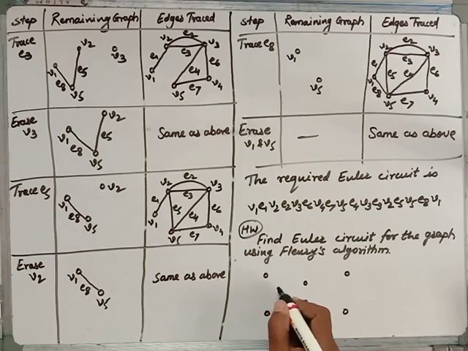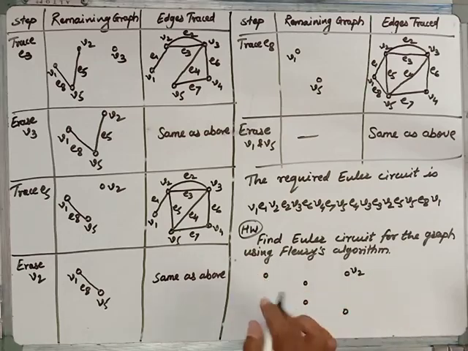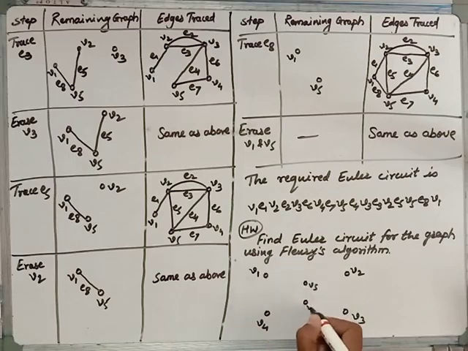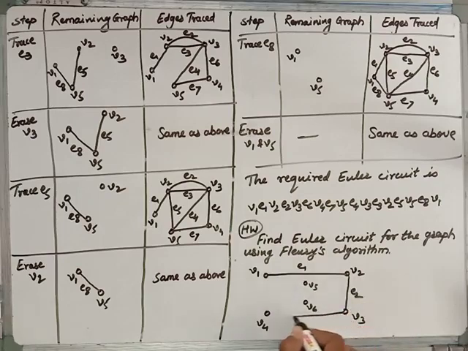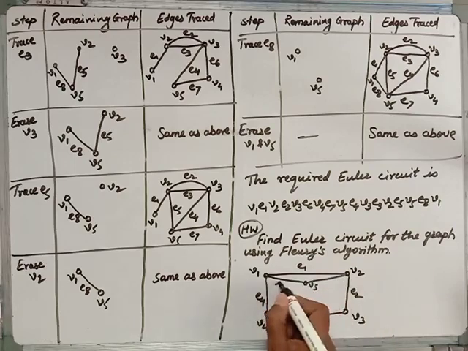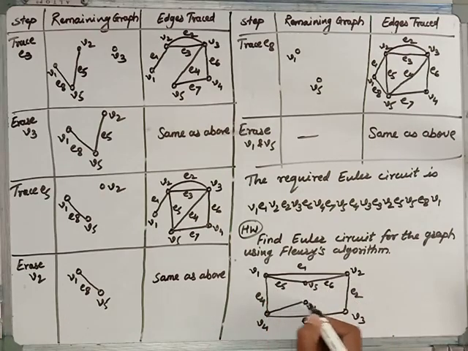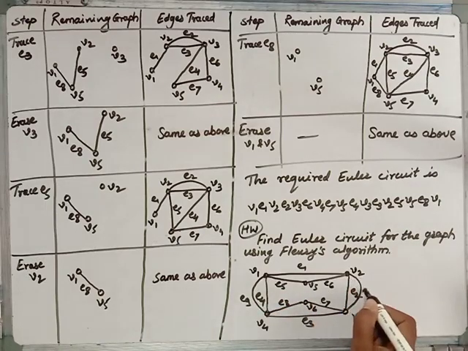Okay, so suppose the graph has vertices V1 and so on, and the edges are E1, E2, E3, E4, E5, E6, E7, E8, E9, and one more, E10.